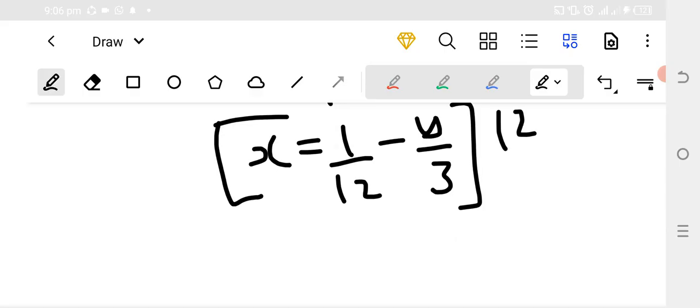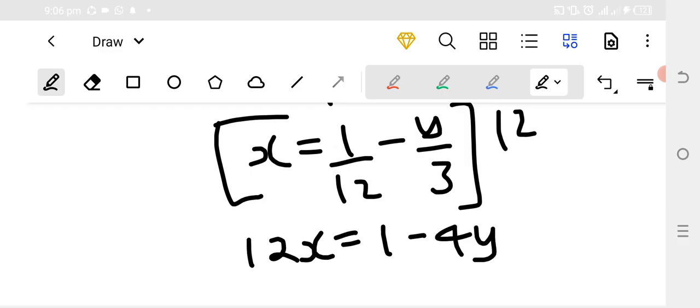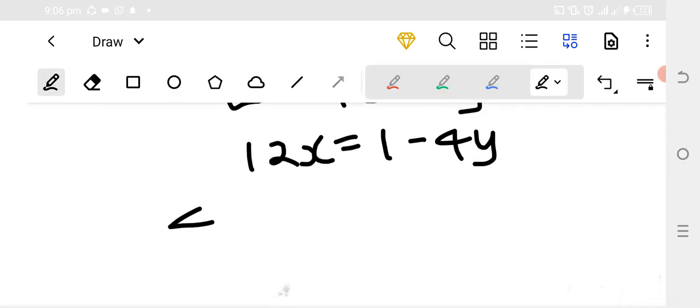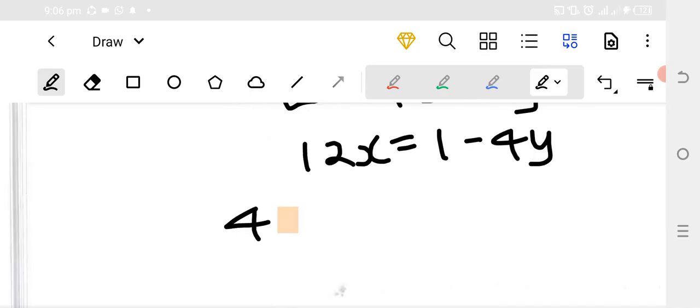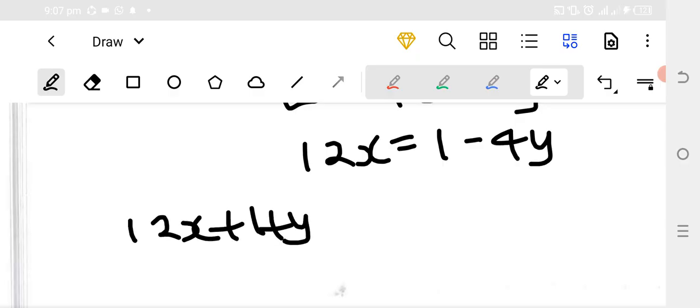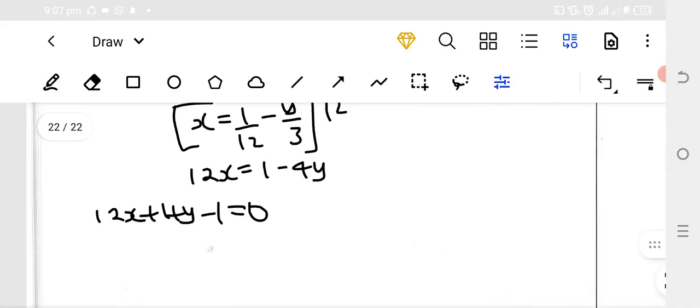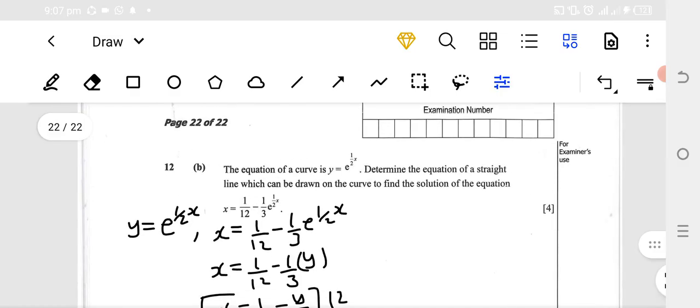Then we're going to have 12x is equal to 1 minus 3 can go into 12 4 times, so 4y. We'll say 12x plus 4y minus 1 is equal to 0. That's it. That's your final answer.